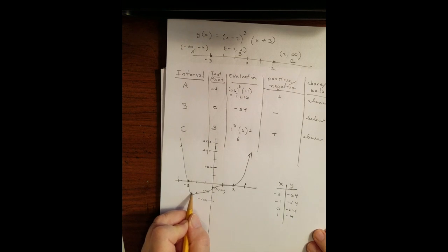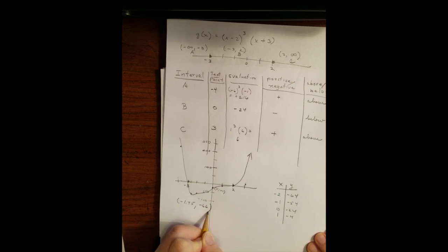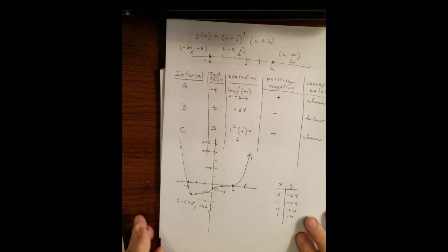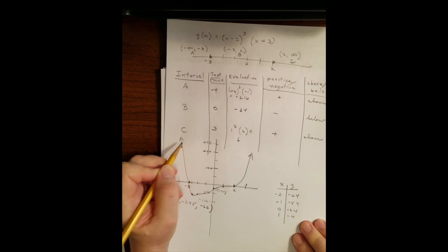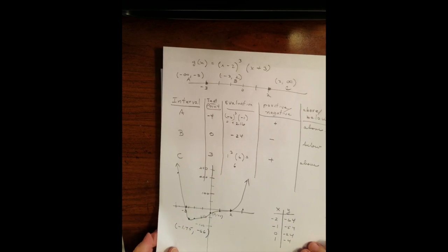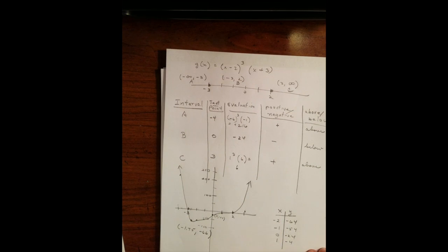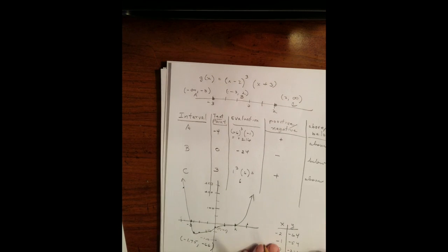So this is the minimum point at negative 1.75 and negative 66 approximately. Okay, so this one, in order to find the way this looked, we needed to plot a few extra points as is suggested in step number 4 to determine what the graph actually looks like.